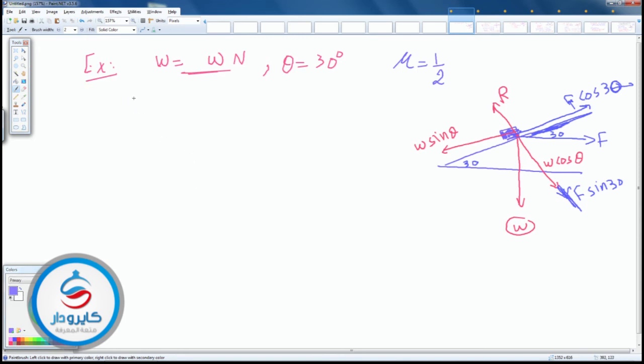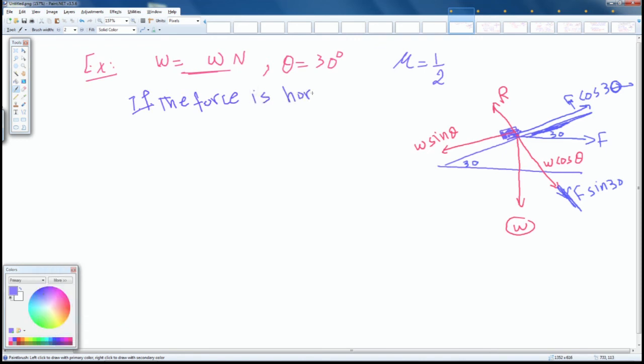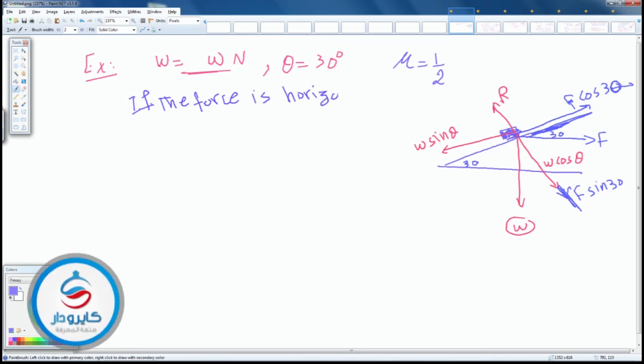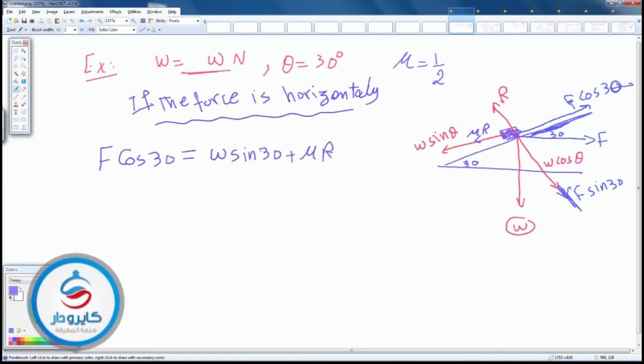First, if the force is horizontal, we get that F cosine 30 equals W sine 30 plus mu R. This is number one.